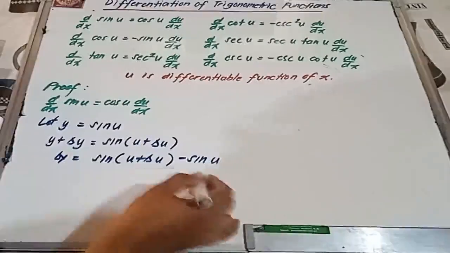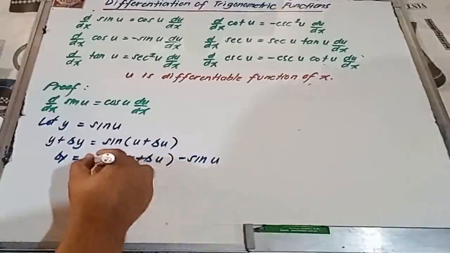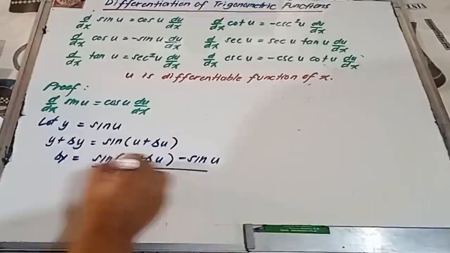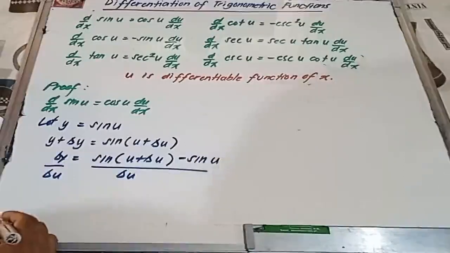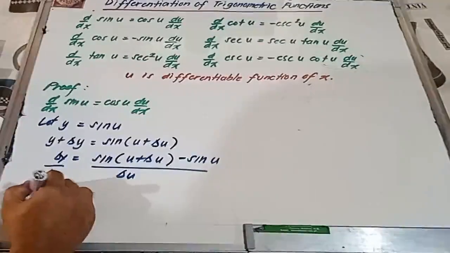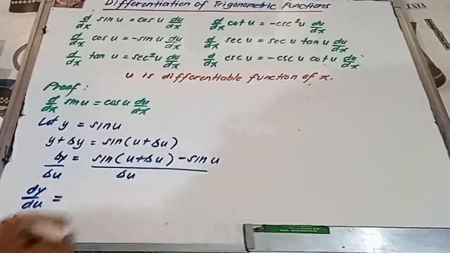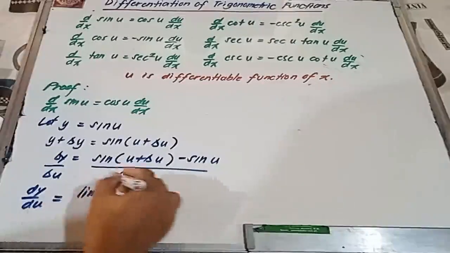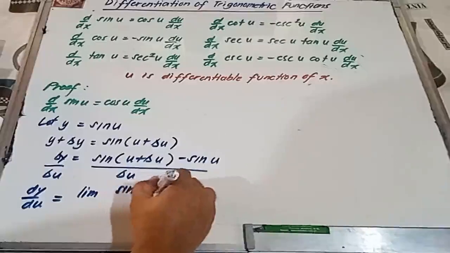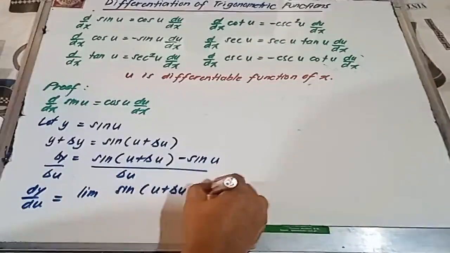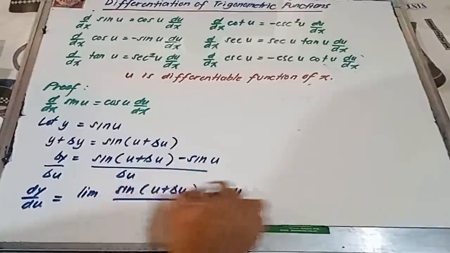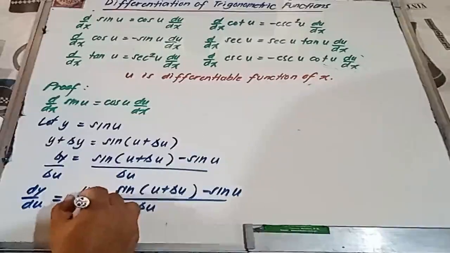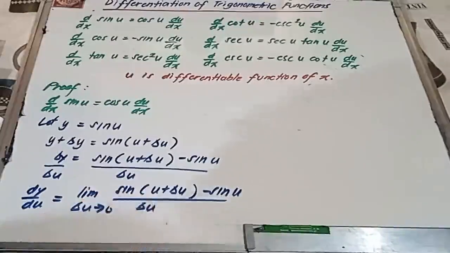And then, we divide both sides by delta u. And that will be equal to your dy over du. Okay? dy over du is the limit of this: the limit of sine of u plus delta u minus sine u, all over delta u, as delta u approaches 0.